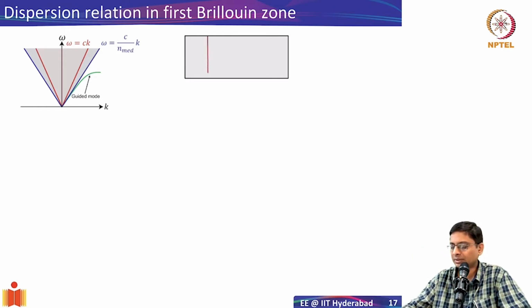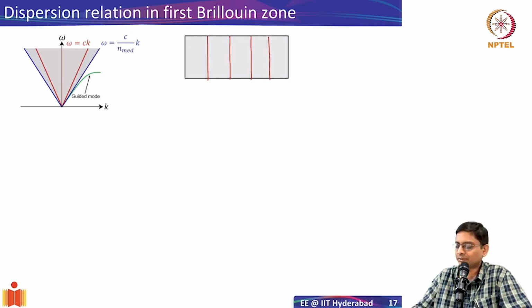This slab is going to be cut into multiple pieces and arranged together, so I'm forming a lattice out of this slab. Right now it's all the same material, so it should still be similar, but we are introducing this periodicity just to analyze this. Let's say the periodicity is a. This is a periodic structure.